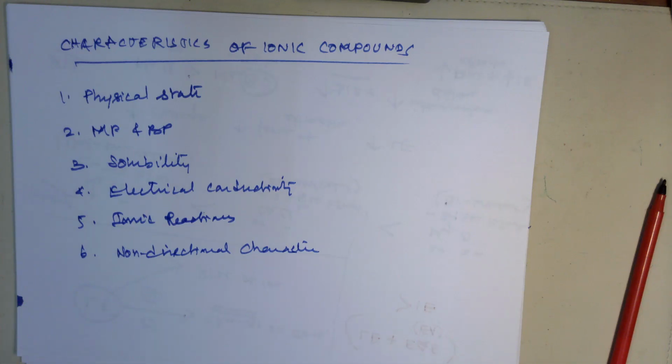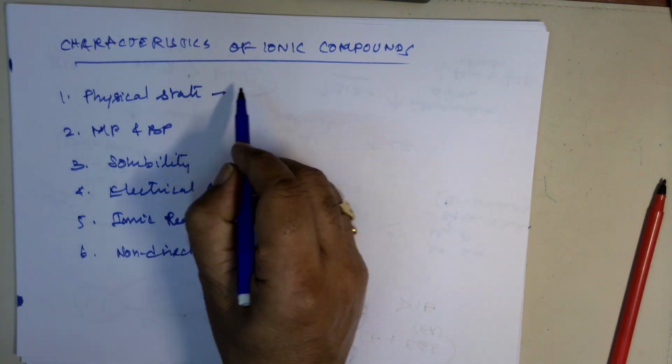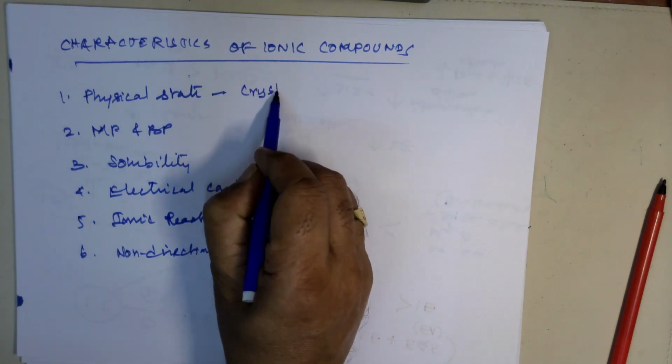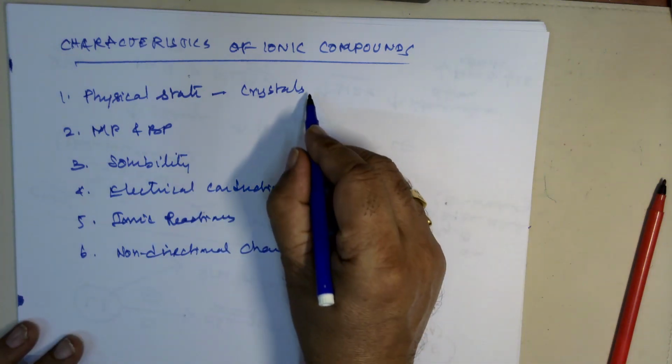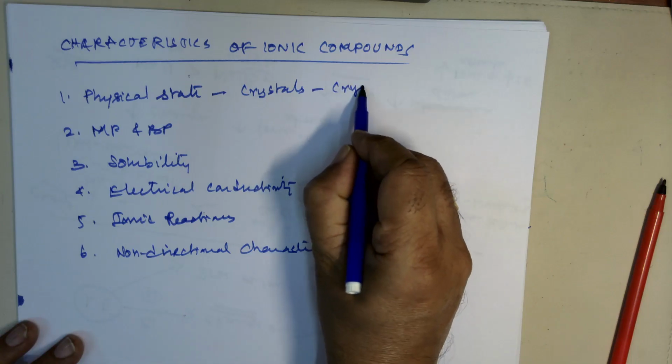Physical state. Generally, they exist as crystals, crystalline solids. Here, a popular term is crystal lattice.